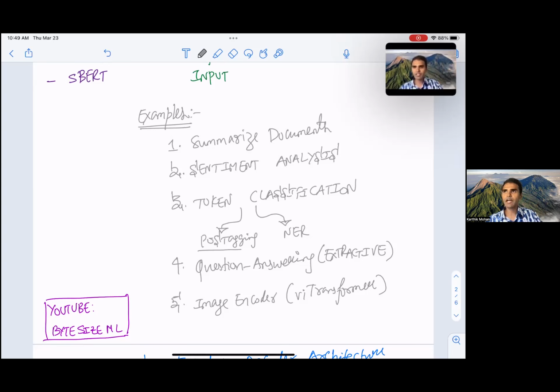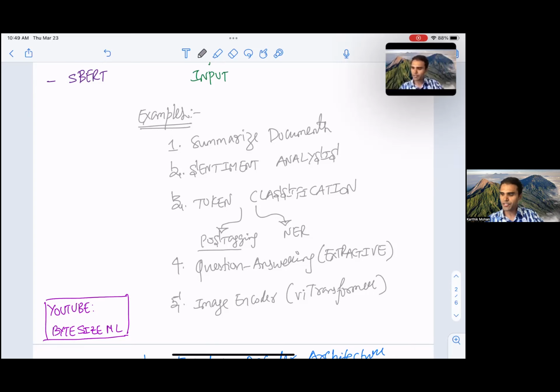Extractive question answering, so you have a document and you have a question, and that's passed as an input. You can get an embedding from that question answering input and then use that embedding for the downstream task of answering questions. But this is extractive in nature, so the answer is going to be from the text that's already present in the question.